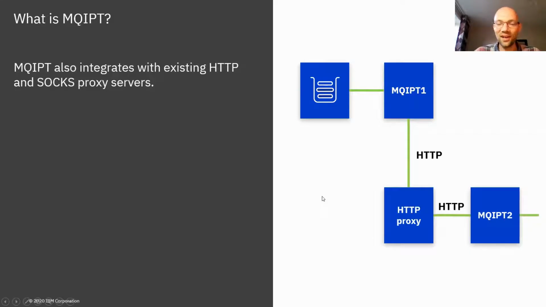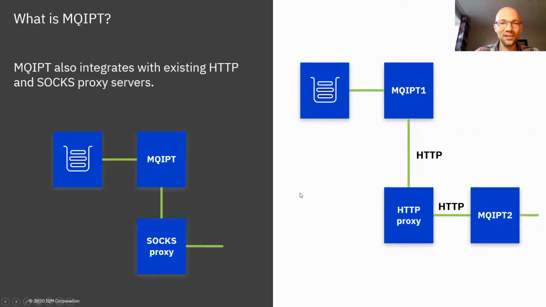So, final slide on what it can do. We've looked at TLS, we've looked at HTTP. With HTTP, MQIPT can also use existing proxy servers. So this is where you can use IPT to essentially reuse part of your existing network infrastructure to get your MQ connections in or out of your enterprise.